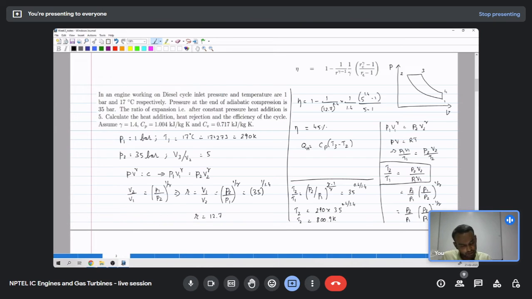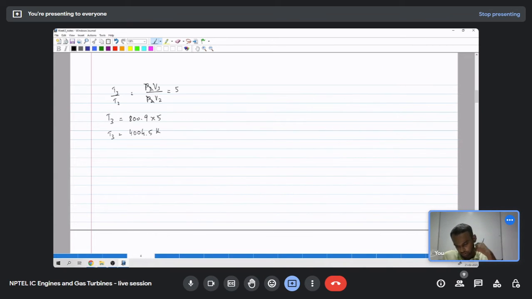This seems very high, but if the expansion ratio after constant pressure heat addition is 5, then that should be the case.